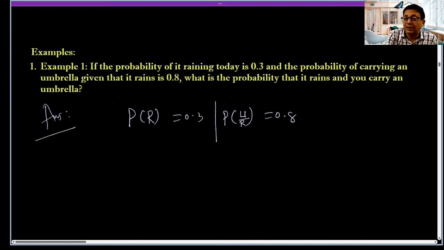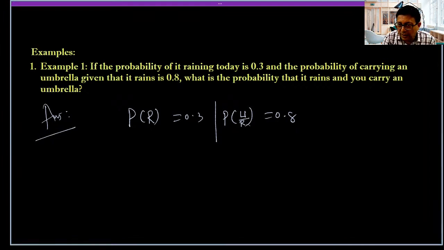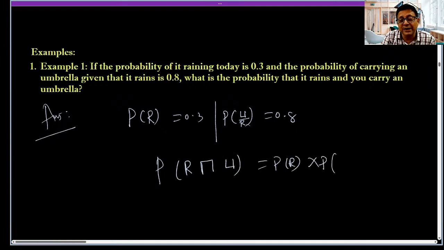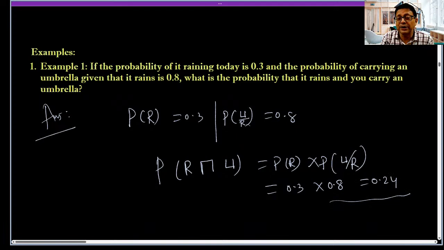It is U by R. Probability of carrying umbrella given that it rains, then P(U|R). Okay. Probability that it rains and you carry an umbrella. You find rain intersection umbrella. This is P(R) multiplied by P(U|R). P(R) is what? 0.3, 0.8. Answer is 0.24.